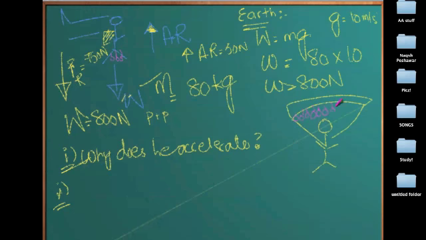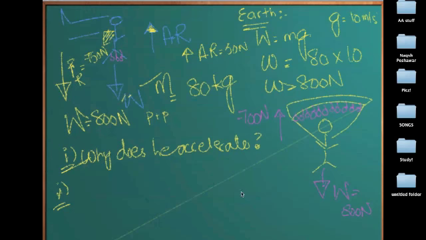The weight is still 800 newtons, but the magnitude of air resistance increases because more particles are pushing towards the top. Let's say the air resistance becomes around 700 newtons.